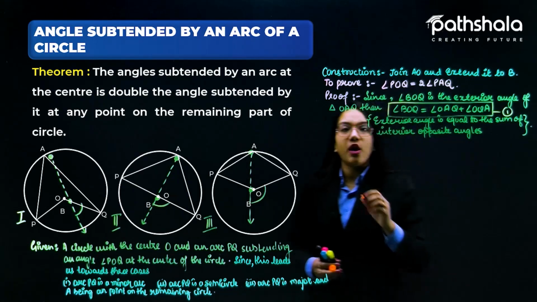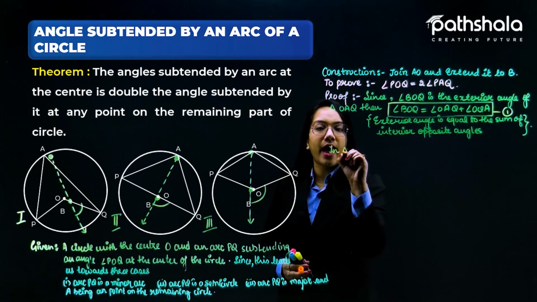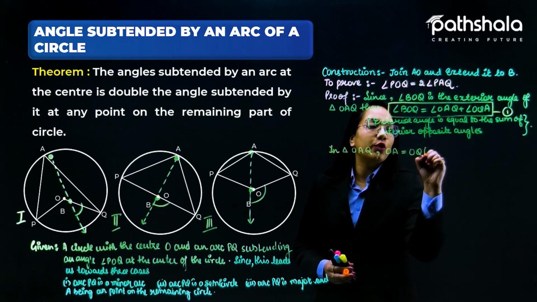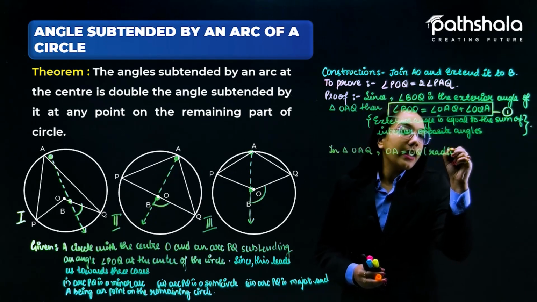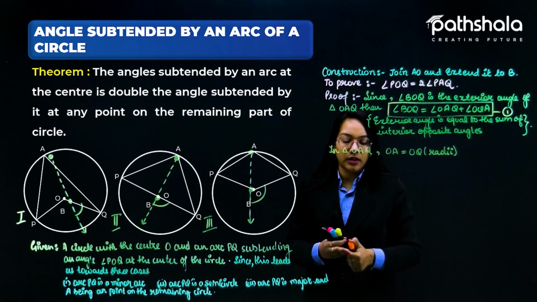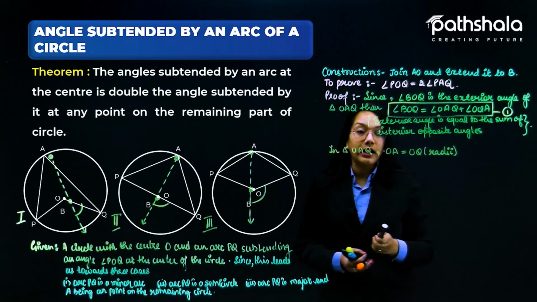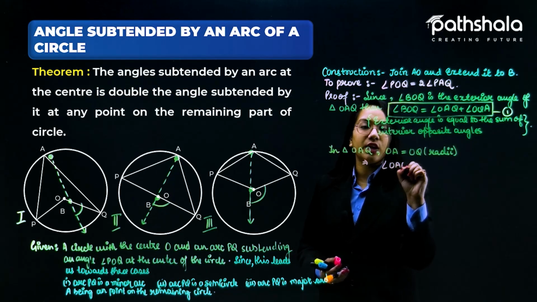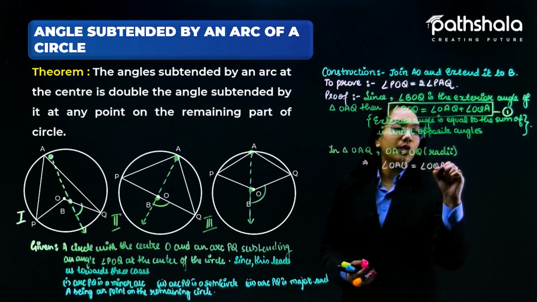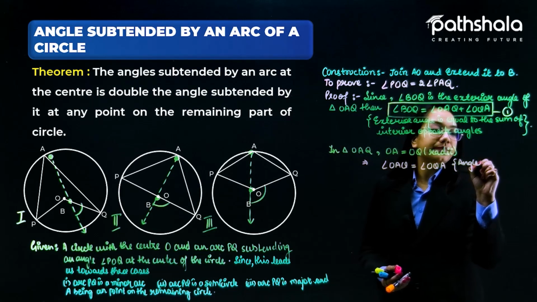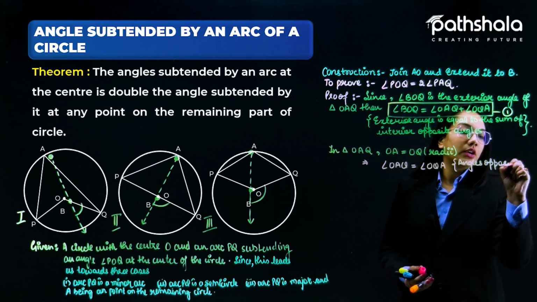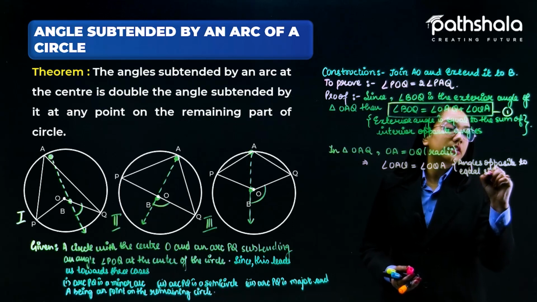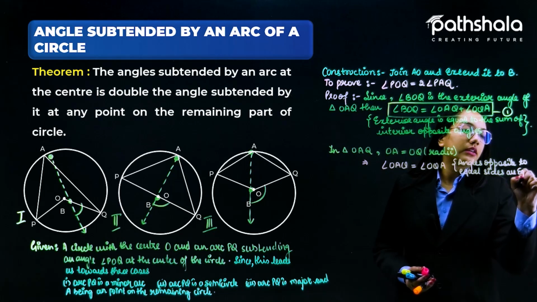Now furthermore, we can say that in the triangle OAQ, OA is equal to OQ, being the radii of the circle, and since they are the radii of the circle, the angles which are formed by these two equal sides would be equal. OAQ should be equal to OQA. Why so? Angles opposite to equal sides are equal.